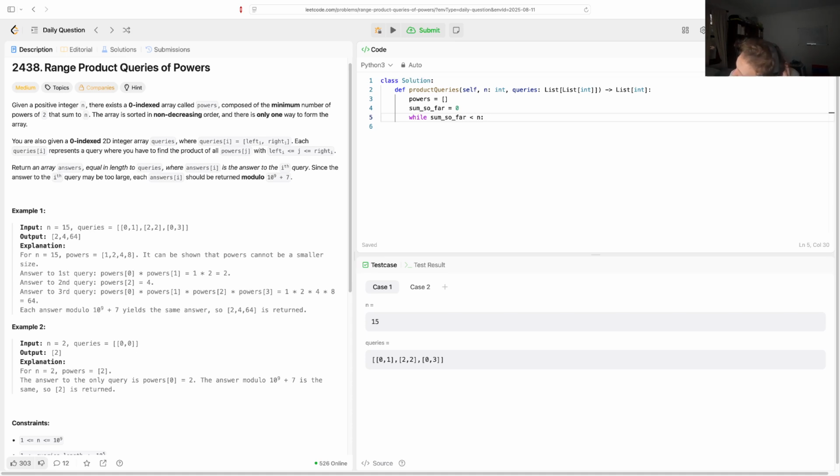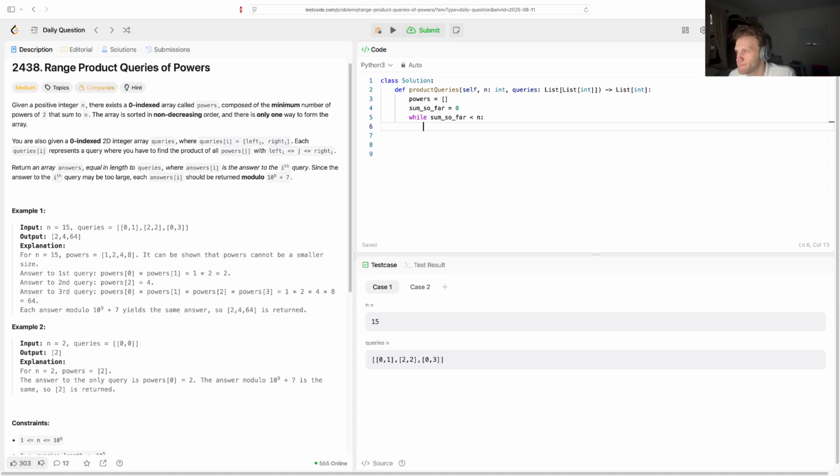Essentially it would be keeping track of how the sum so far has to be less than n. Less than or equal to, I think actually. No, it's less than, because if it's less than or equal to, we'll do an extra one, which is not what we want to do, even though it doesn't really matter.